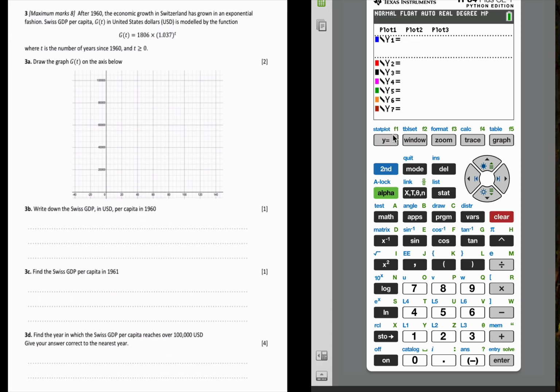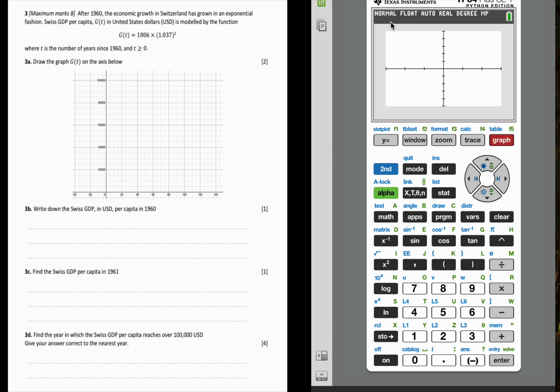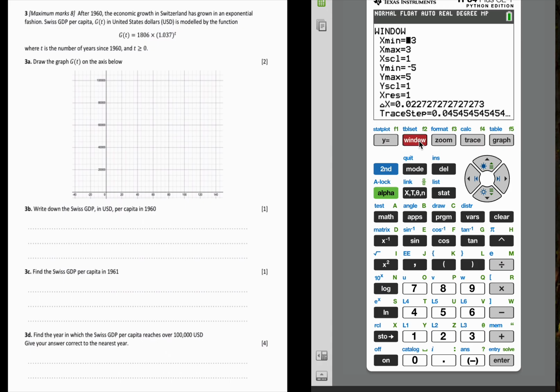So we're just going to go to our calculator and type in the function that we were given. So 1,806 multiplied by 1.037, all to the power of x. Now on my graph, I may need to change my window.